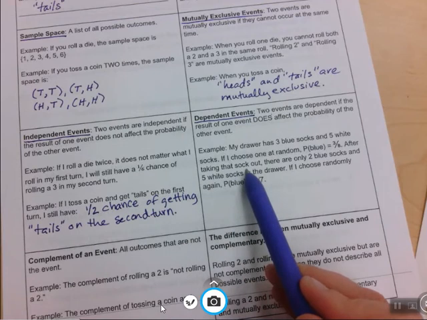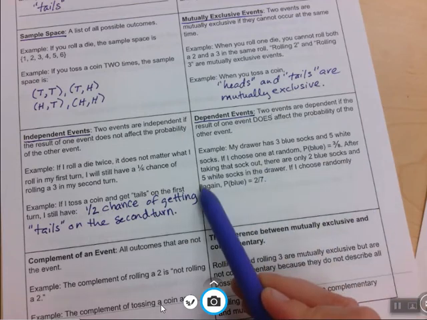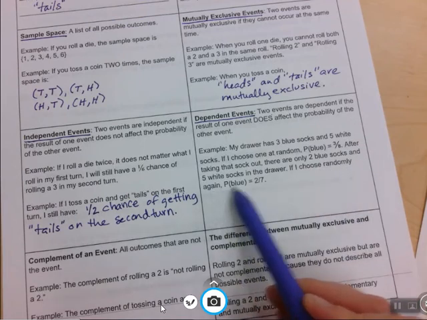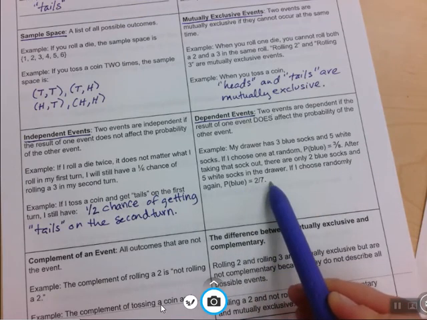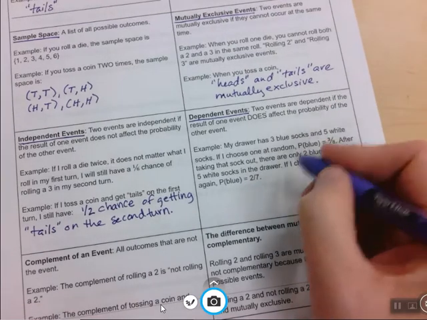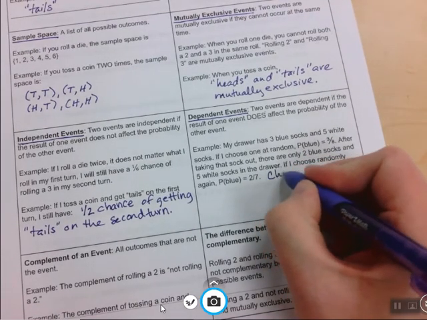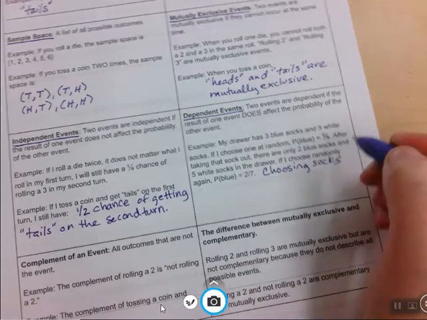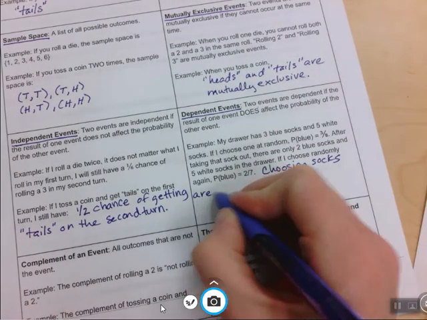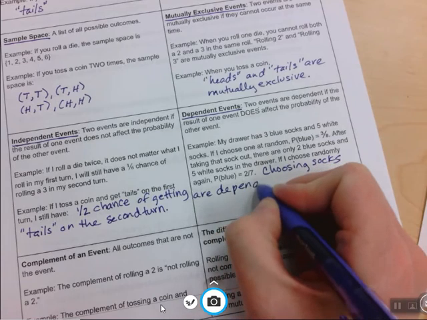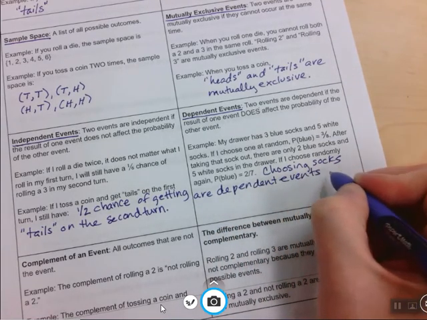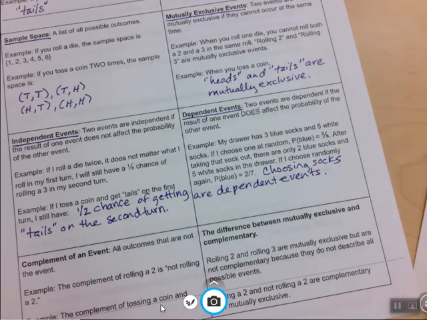After I take that sock out, there are only 2 blue socks and 5 white socks in the drawer. If I choose randomly again, the probability of blue is 2 out of 7. So, choosing socks are dependent events, because once I take one sock out of the drawer, that changes the numbers for the second sock.